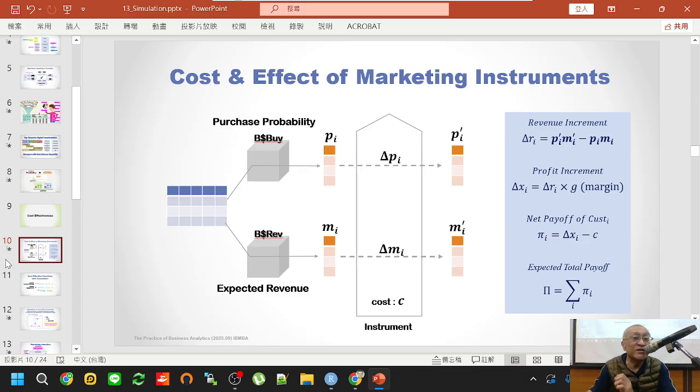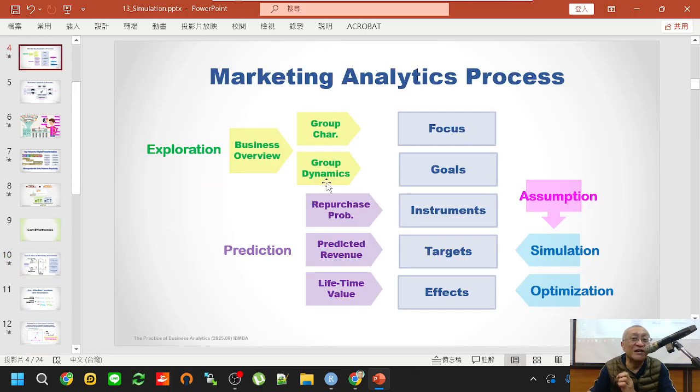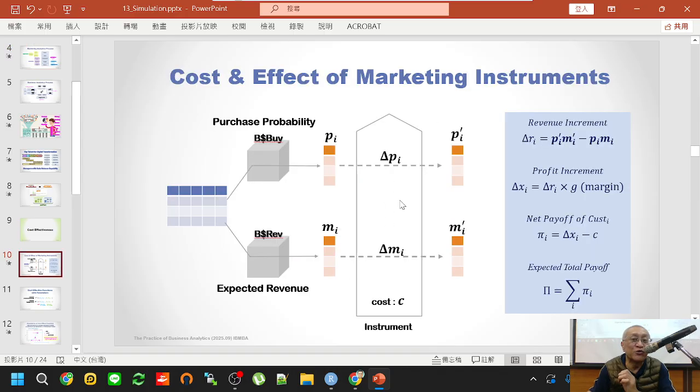The reason that we do business analytics, marketing analytics, is that we want to design and choose the marketing instrument, right? And we want to choose the target audience, and then we want to calculate the cost effectiveness. And besides the prediction, we need to make an assumption about this marketing instrument's cost effectiveness.